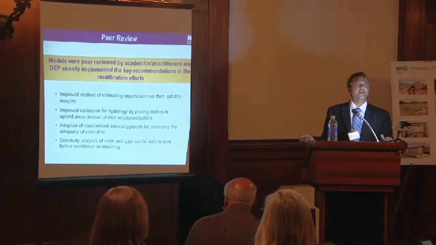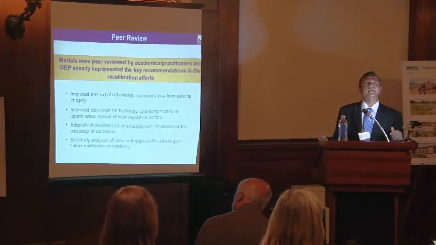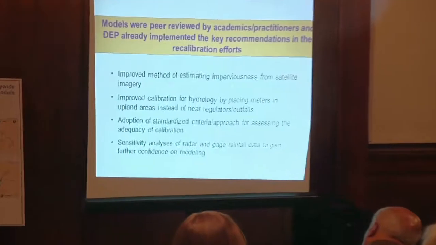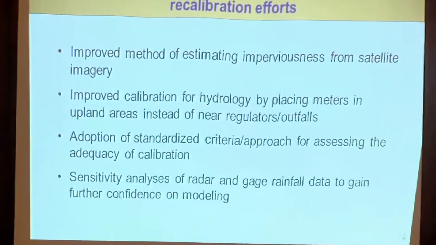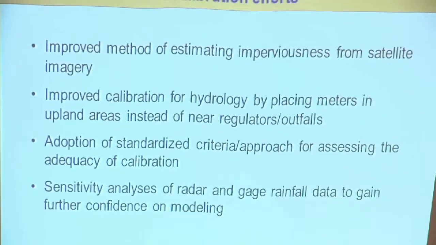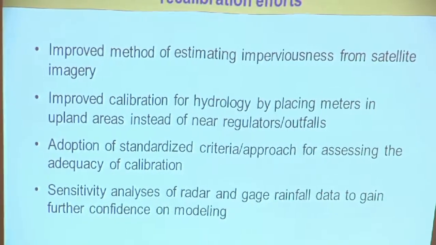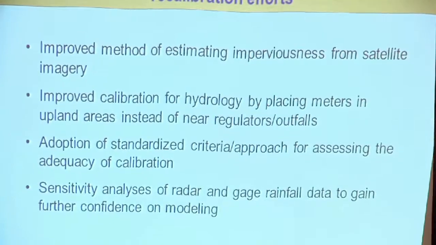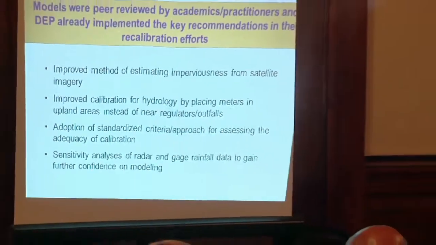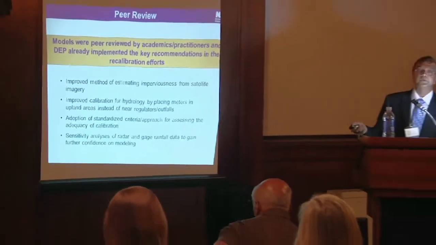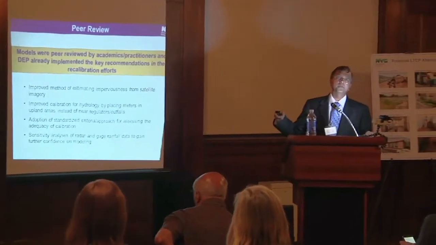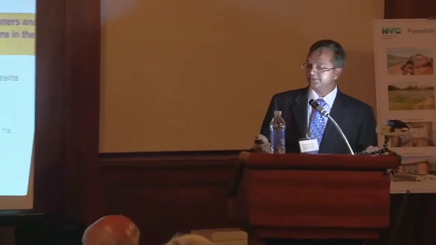How good is a model? How well does it represent real world conditions? And then to also conduct sensitivity analyses using both spatially varied data, like radar rainfall data, and the NOAA gauges, the gauges maintained by the federal government in the metropolitan area. You will see some examples of how we improved the methodology using these recommendations.